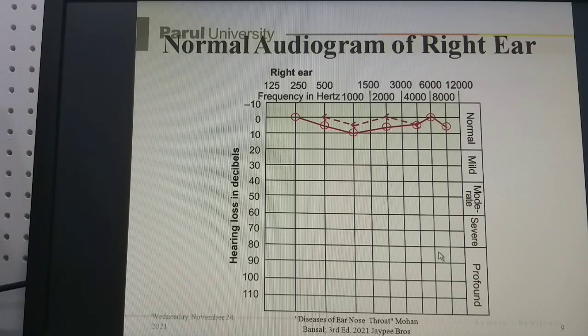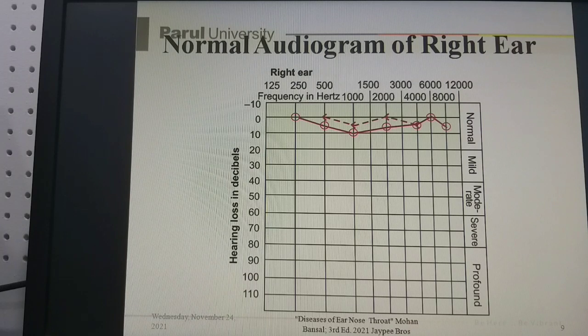And this is the audiogram that you can see. It is showing you the normal audiogram of the right ear. In this audiogram, you can see this vertical axis is showing you the hearing loss in decibel, that is, intensity, and the unit is dB.